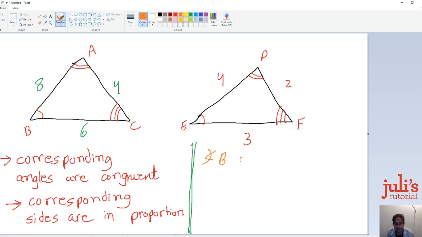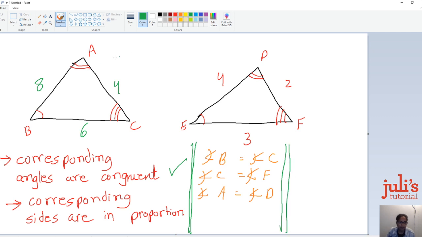Angle B is equal to angle C. Good. Angle C is equal to angle F. Angle A is equal to angle D. So corresponding angles are congruent. Good job.